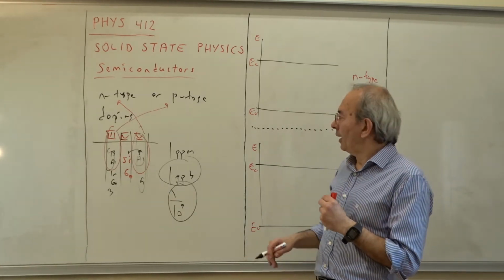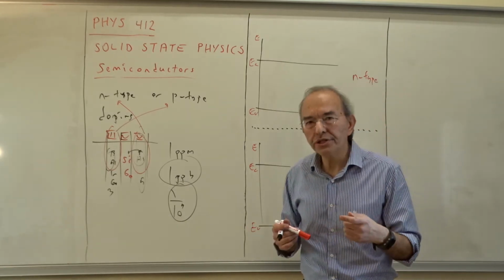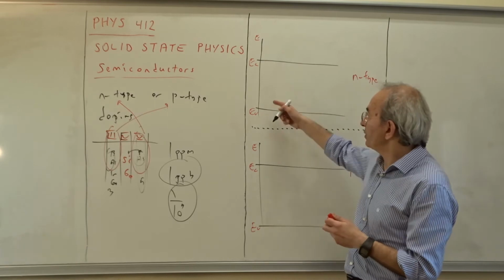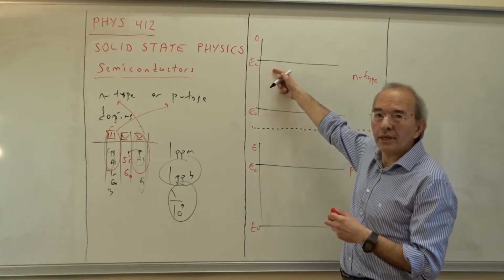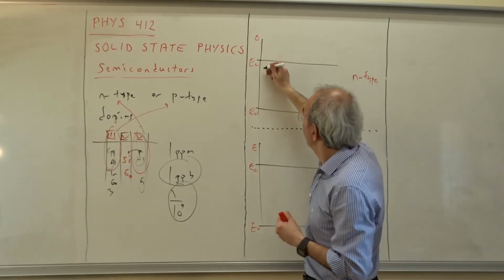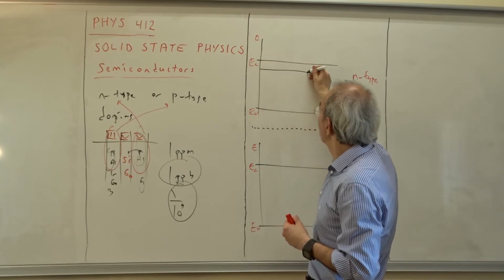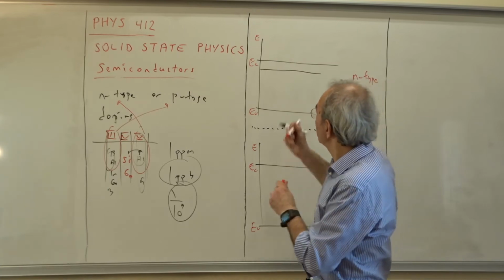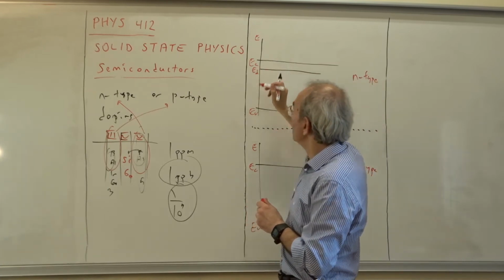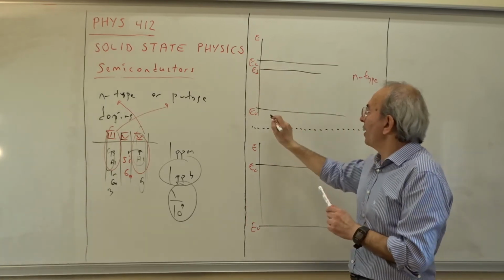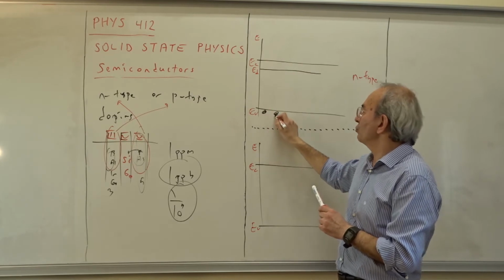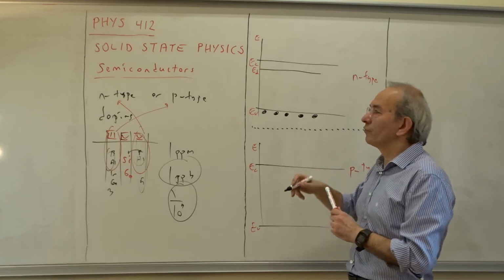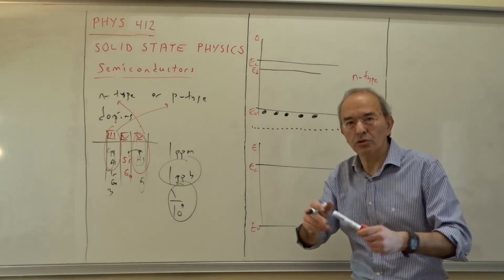Then they are called donors because they donate an electron, and there's an additional level here. Let's say this is the additional level, very near the conduction band edge, and that energy is called E donor. There are, of course, these intrinsic electrons of silicon, for instance, the host atom.